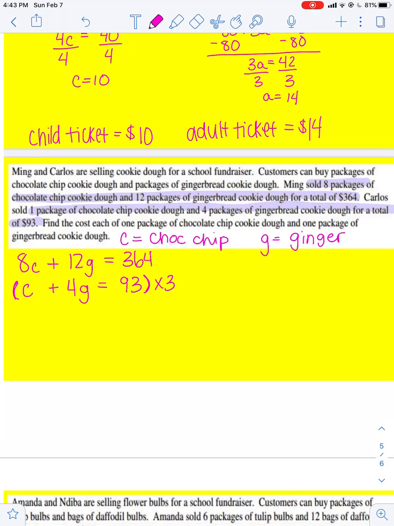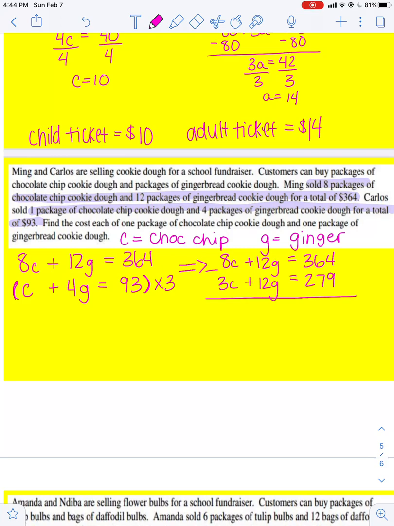So my new system is going to be 8 chocolate chip plus 12G, the same exact thing for the first row. And then we're going to take 93 times 3, which is 279.